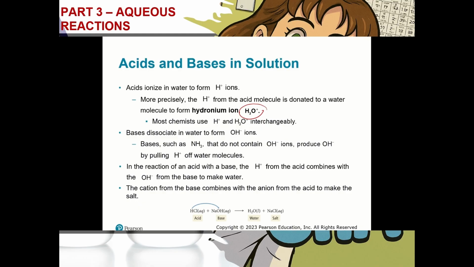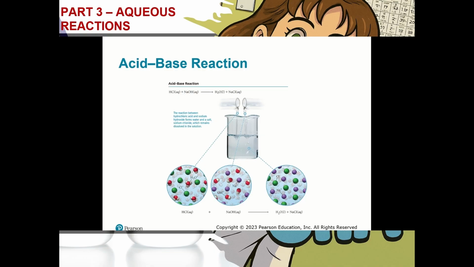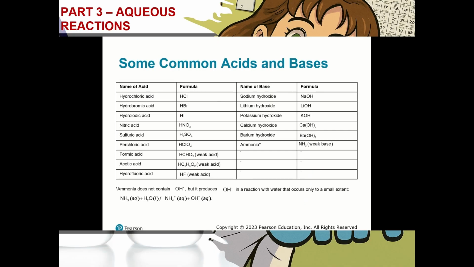Okay, so here we have a reaction of hydrochloric acid and sodium hydroxide forming water and the salt over here. Here is a visual of an acid and base reaction. Watch how the ions combine to form water and salt. So we have a neutral solution over here. Okay, the salt will be dissolved in water, so we have ions around.